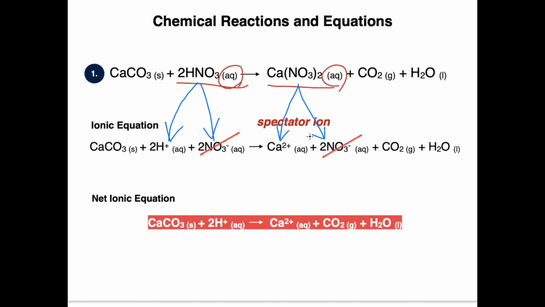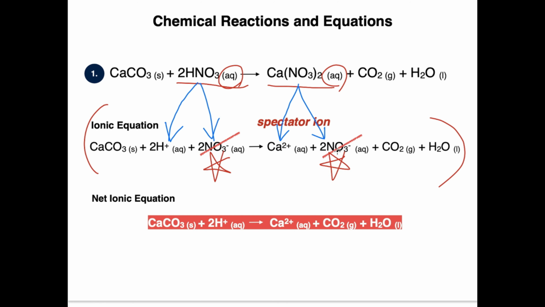If we split each of these aqueous solution substances into their ions, we can actually write down an ionic equation. So this is the ionic equation right here. However, we can see that the nitrate ion right over here pops up in both the reactants and the product.